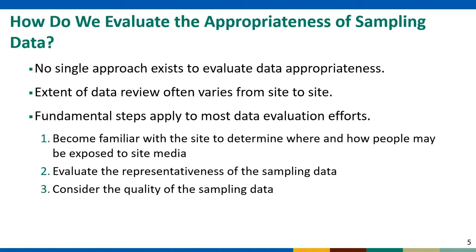Environmental data are considered appropriate for the PHA process when they are of sufficient quality and quantity to conduct the exposure and health effects evaluation, as well as being representative of site and environmental conditions.